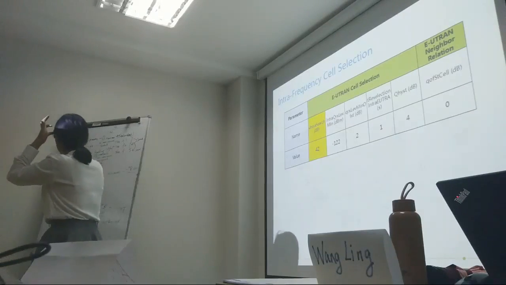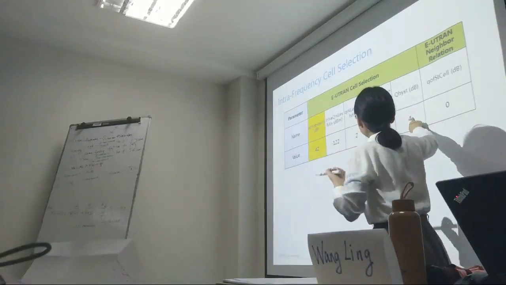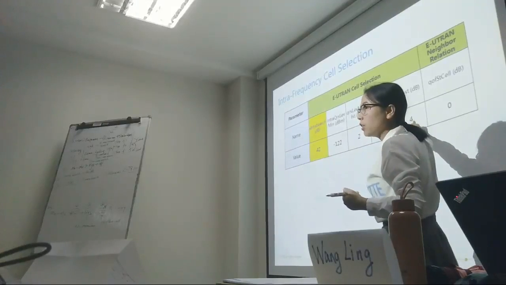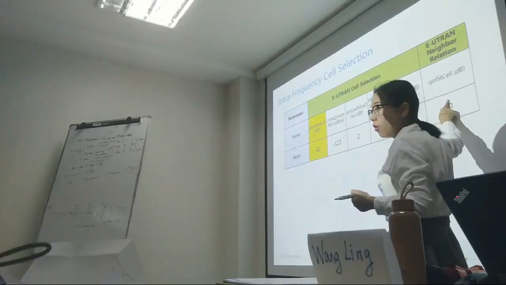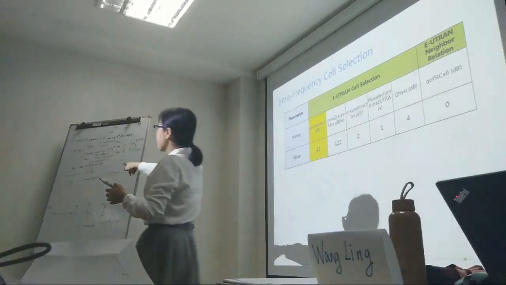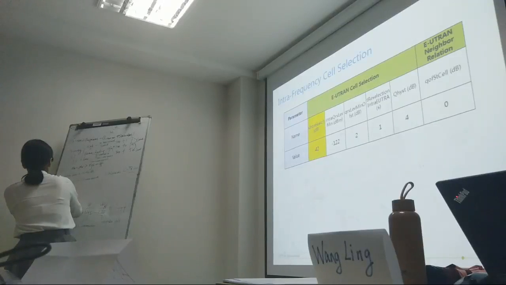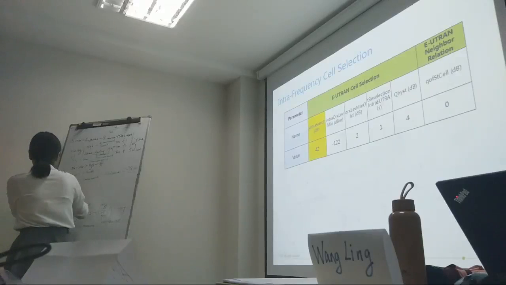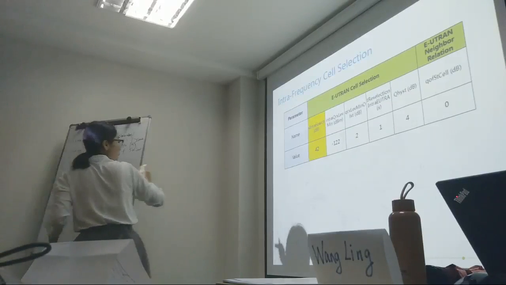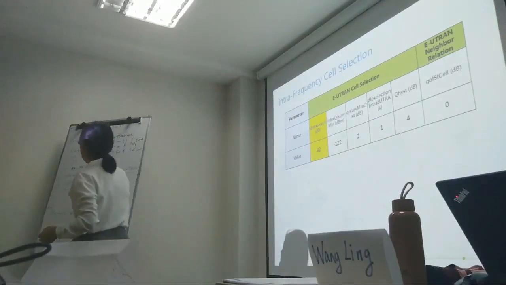So for this value, the hysteresis we set here is 4 dB. This one is the offset, Q offset cell. This is the offset. So when the neighbor cell RSRP is greater than the serving cell, by which value? 4 dB.